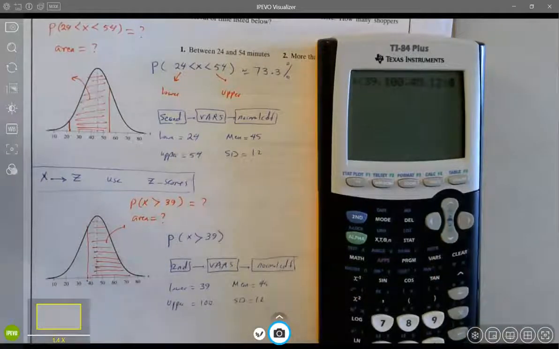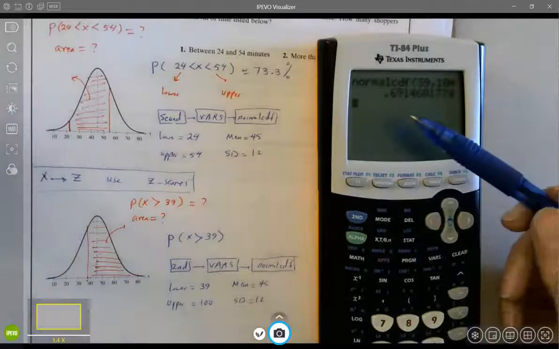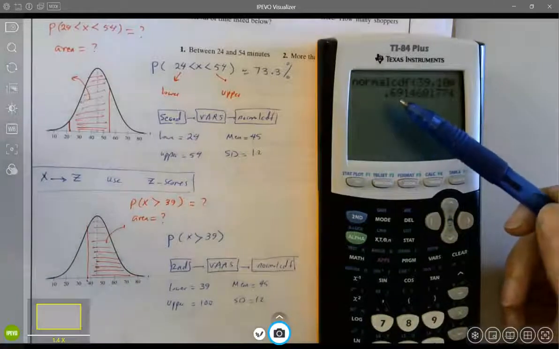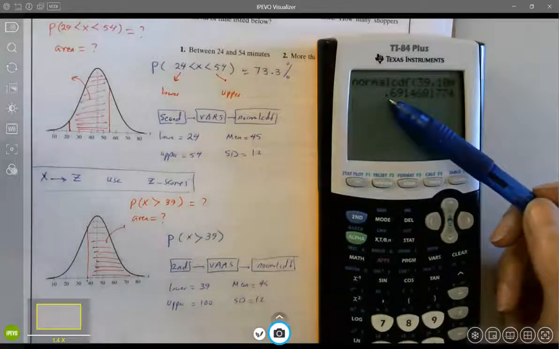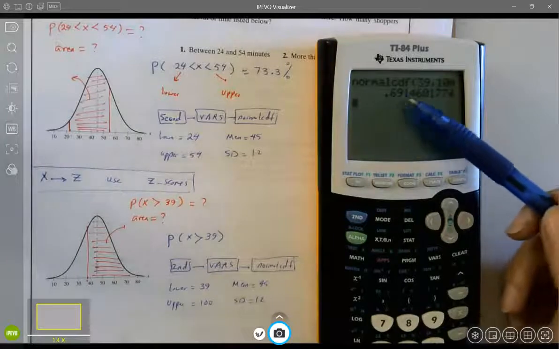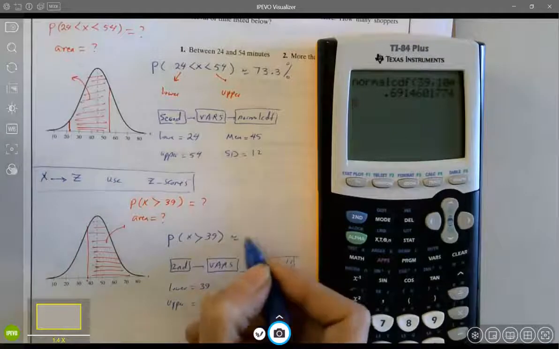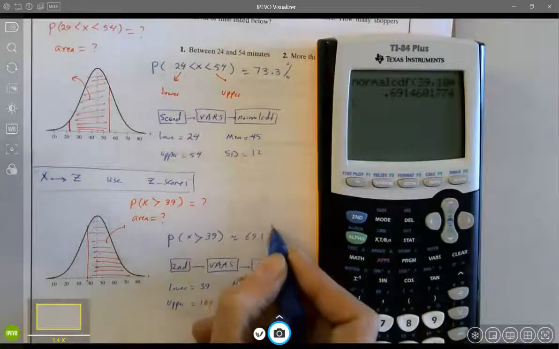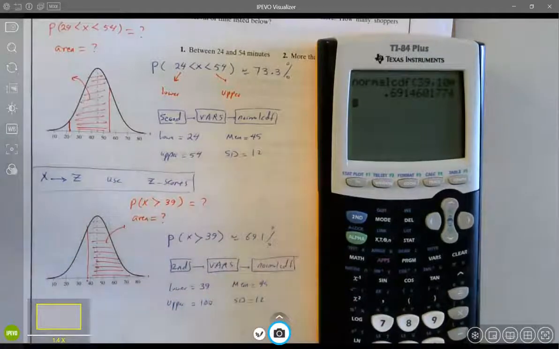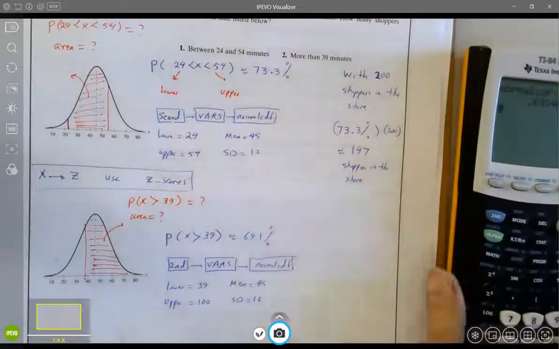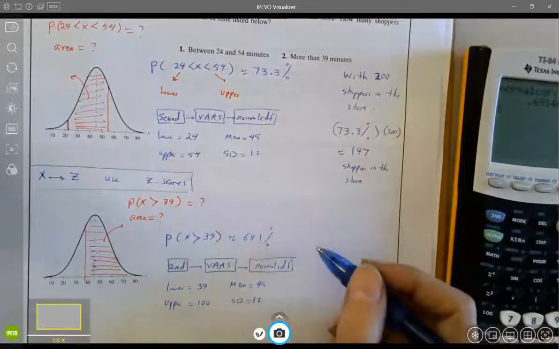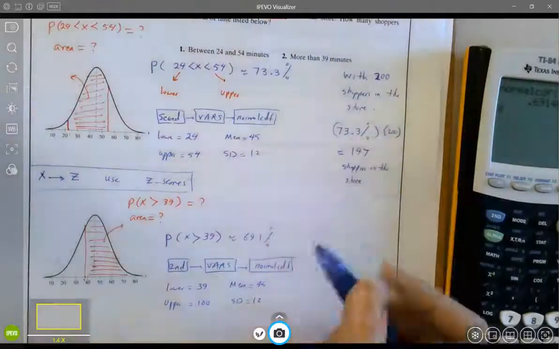So what's the probability? The probability for one shopper is 69.1%. What if you have 200 shoppers at the same time in the store?